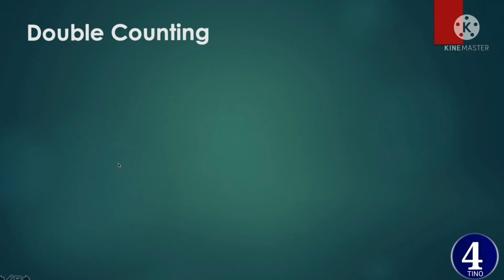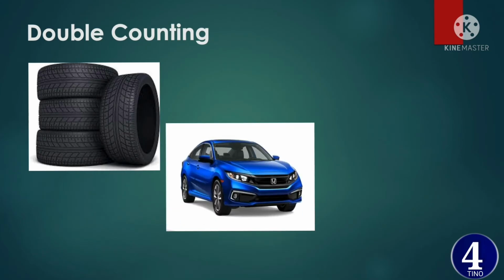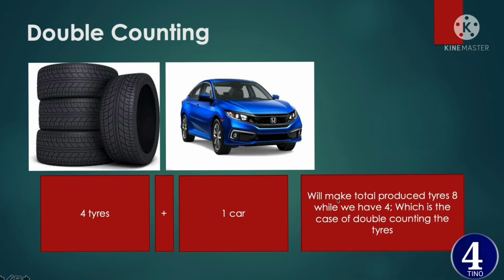Okay, and also, when discussing double counting, for example, as I told you before, if you count 4 tires and also 1 car for the country, it means that 4 tires a country is producing, 1 car a country is producing, then we will make total produced tires in a given country to be 8.